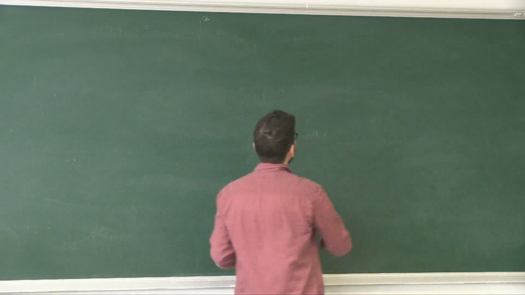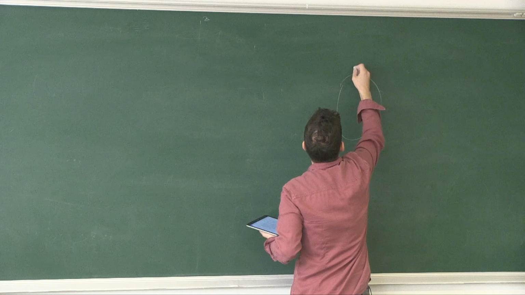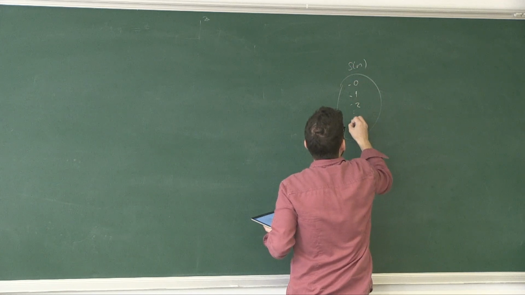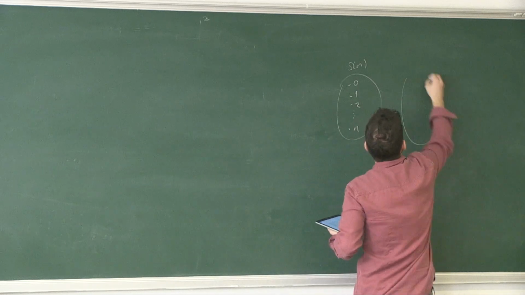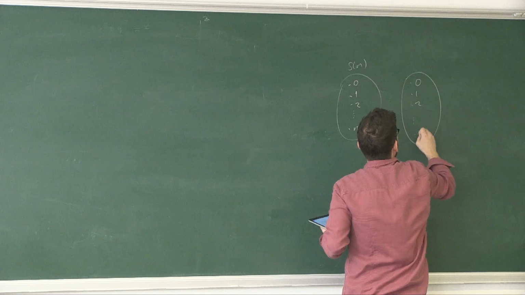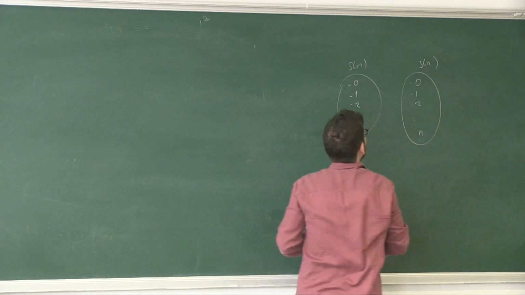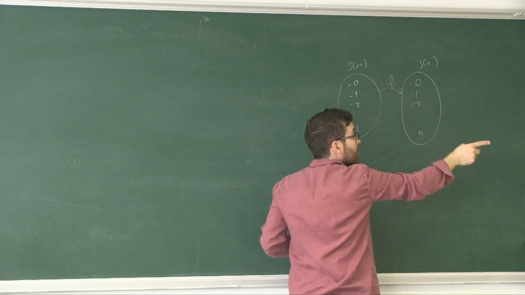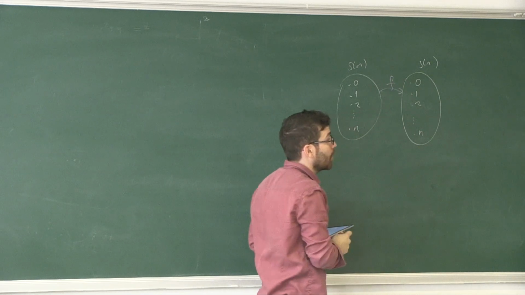So let me draw a picture over here. S of n: 0, 1, 2, dot, it goes up to n. 0, 1, 2, dot, it goes up to n. Now, this is the picture in the second case. I have a function f, and the range contains n.